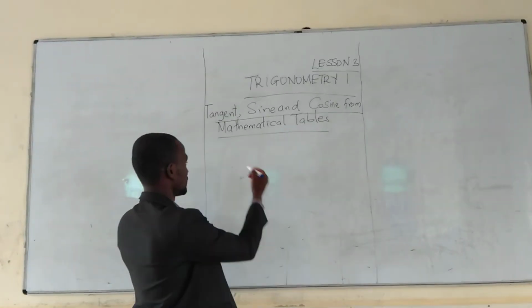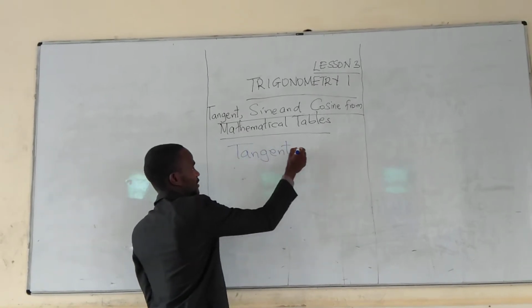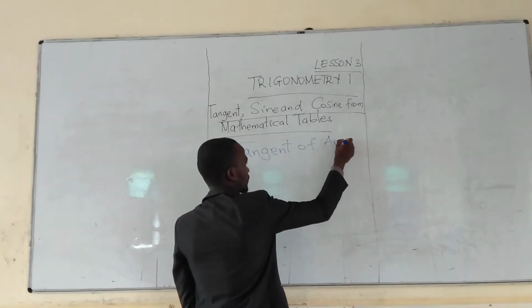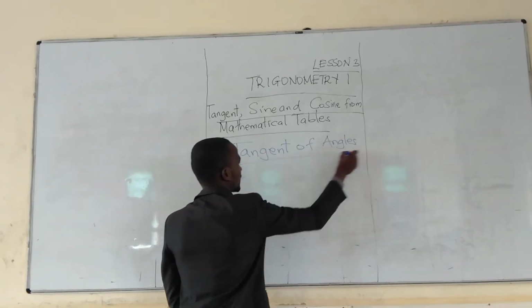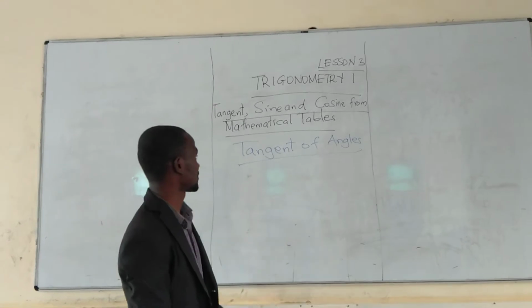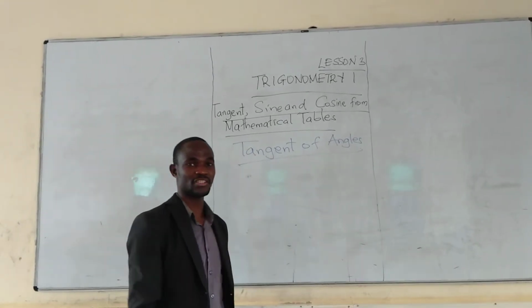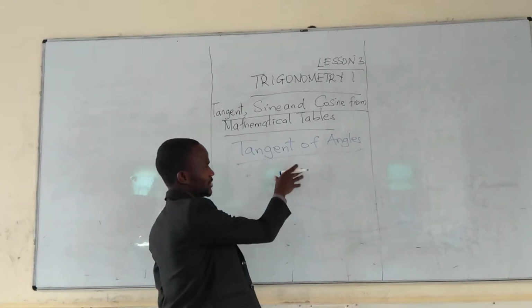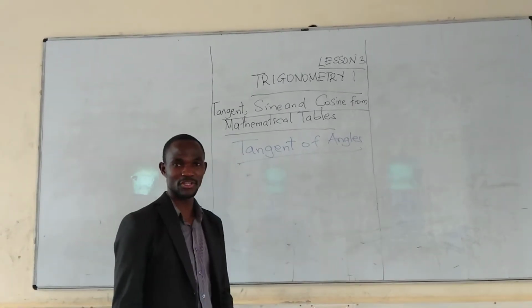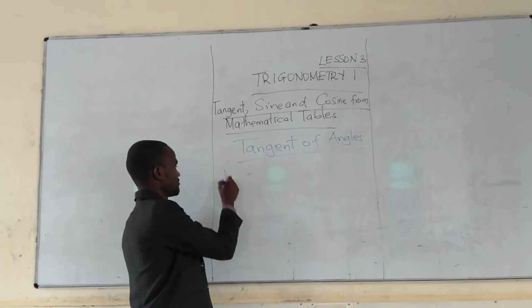Now, let us start with the tangent of angles from the table. You just turn to your mathematical tables where it is indicated natural tangent.